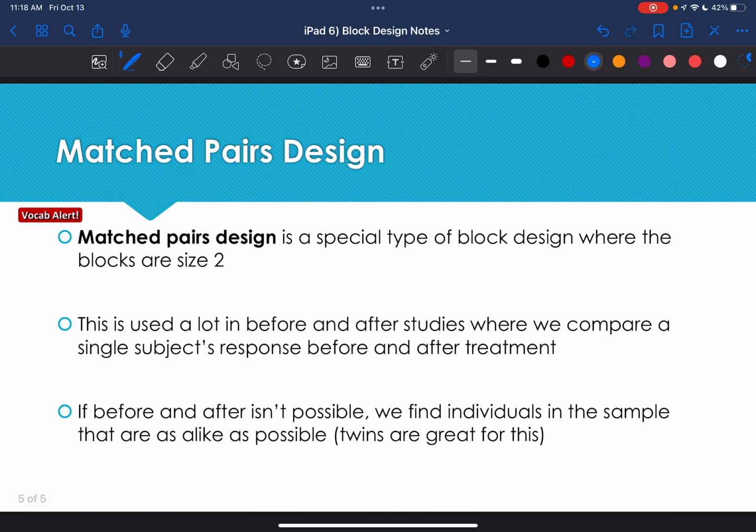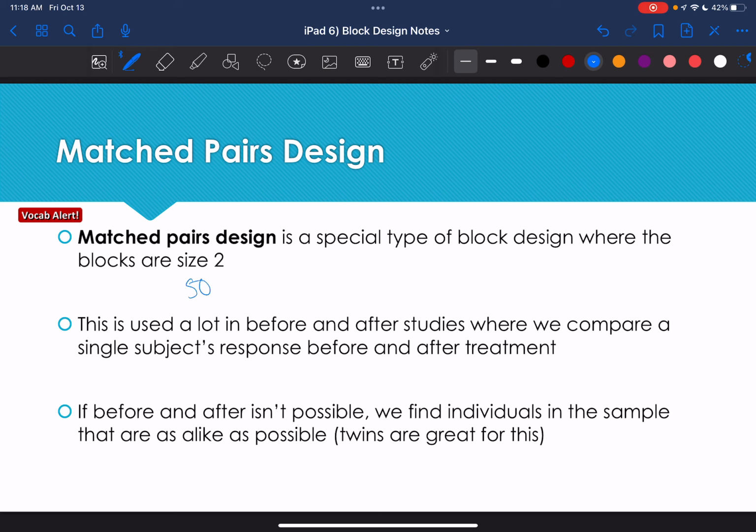There's another block design called matched pairs, and this works a lot with twins, but the pair needs to be very similar. We can do it a lot with before and after as well, but all your blocks would just have two people in them. So that makes it a little bit more annoying to break the people up.